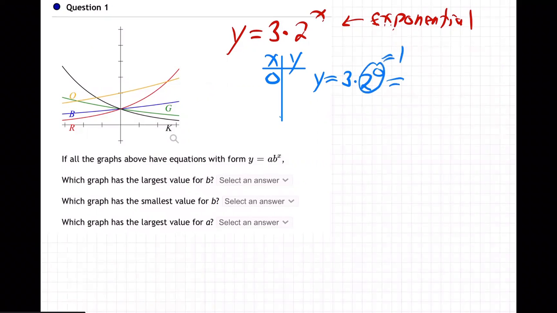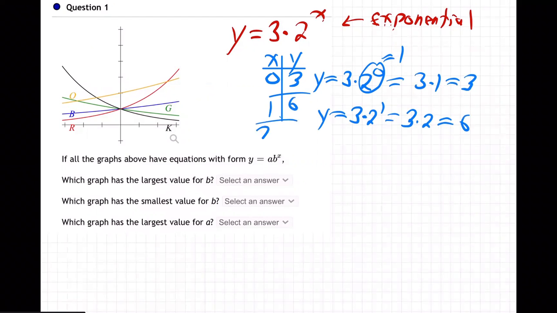Well, it's 1. Anything to the 0 power is 1. So that's 3 times 1. That's 3. Now let's plug in 1. 3 times 2 to the 1, which is 3 times 2, which is 6. Plug in 2. Let's do one more. 3 times 2 to the 2, which is 3 times 4, which is 12.